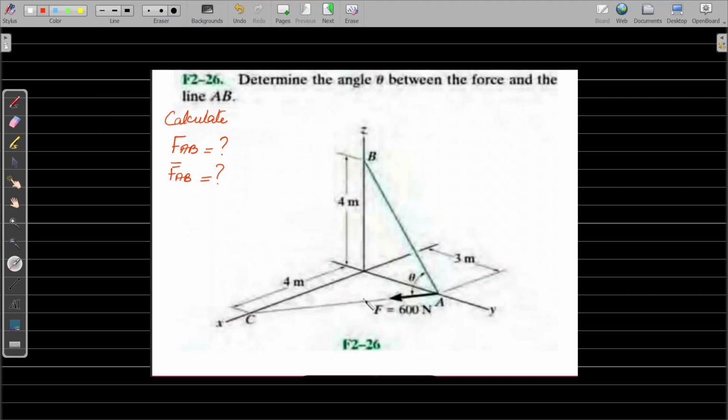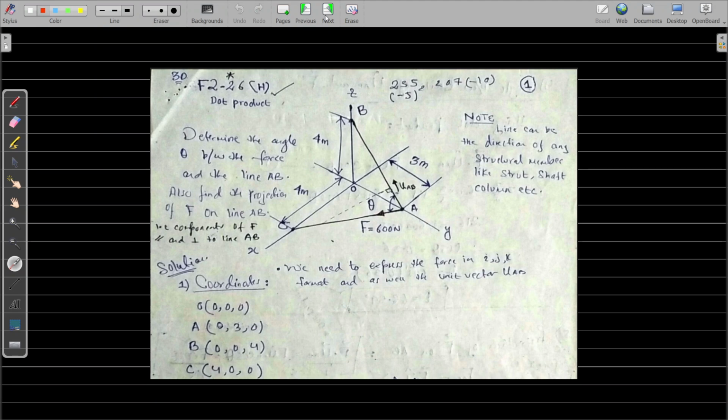On C, the X value will be 4, and the Y and Z values will be 0. So again, origin is 0, 0, 0, the A coordinate is 0, 3, 0, the B coordinate is 0, 0, 4, and the C coordinate is 4, 0, 0. These are the coordinates we have just discussed.